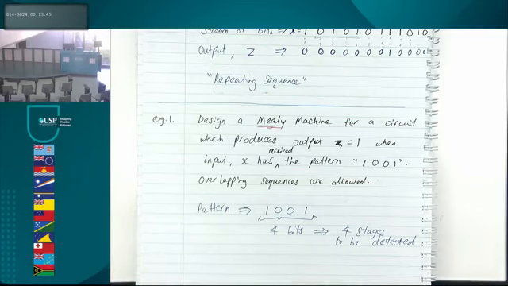Right? That makes sense. If there are 4 bits to be detected, you can only detect it in 4 stages. You've got to first check bit number 1, then bit number 2, bit number 3, bit number 4. If these 4 are in the right sequence, then only can you say yes, entry is given.